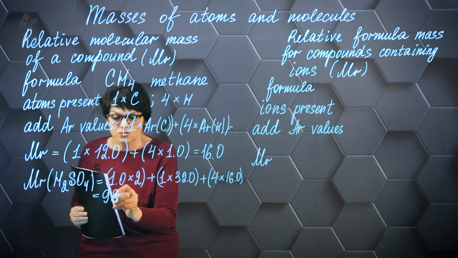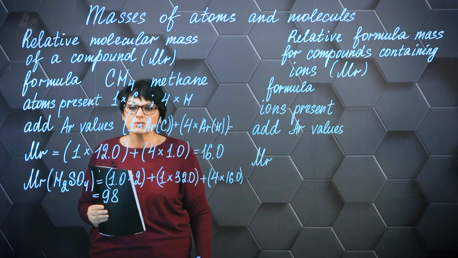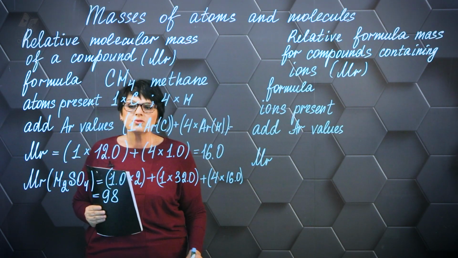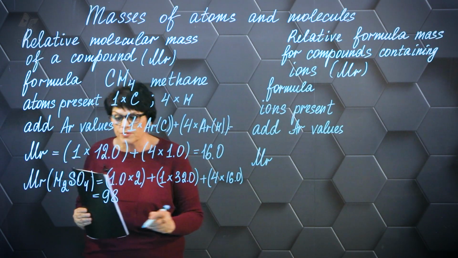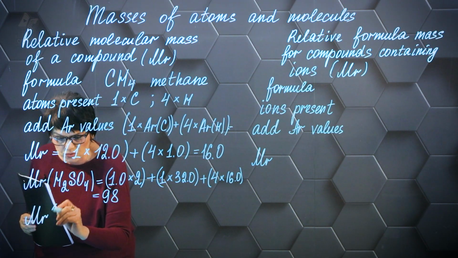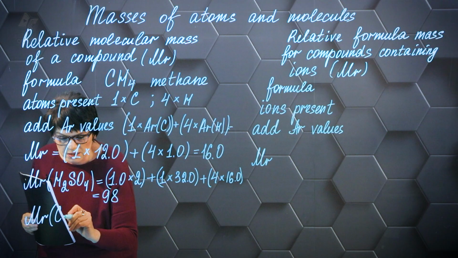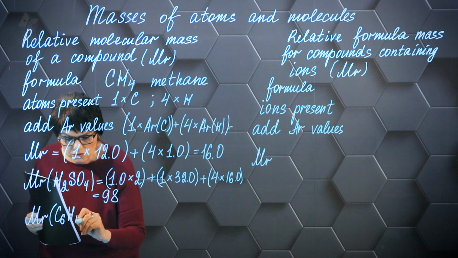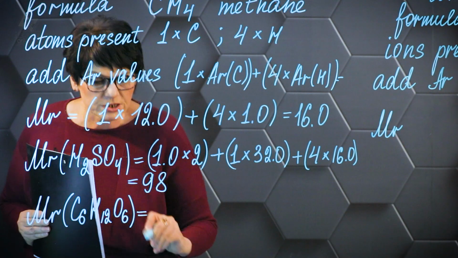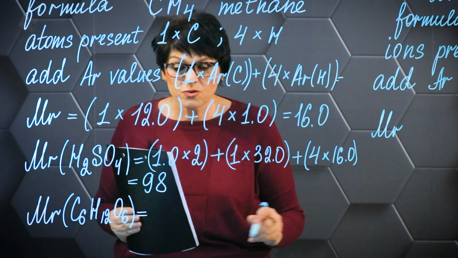But the result I have obtained is an integer value. Sometimes for such calculations it is necessary to show the calculation more accurately. I will give another example of a compound that is made up of molecules. This would be glucose. Glucose has the formula C6H12O6. So how would its mass be calculated?